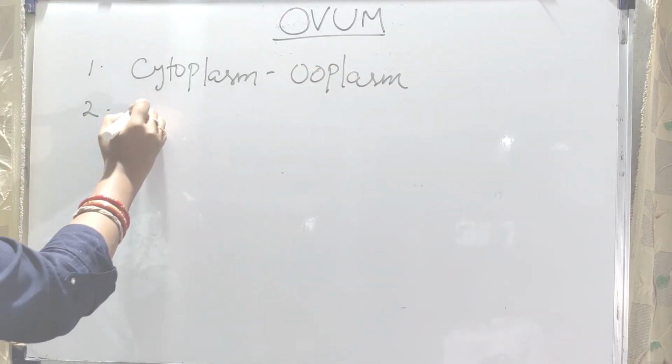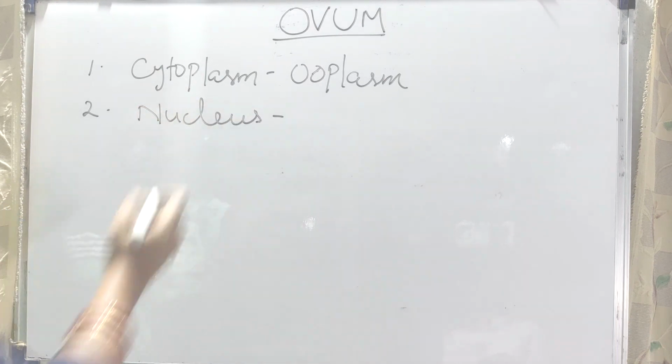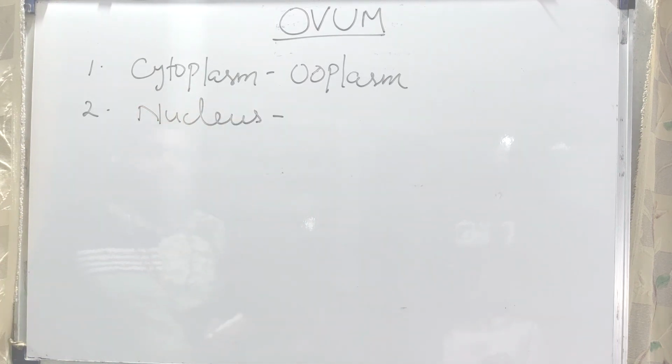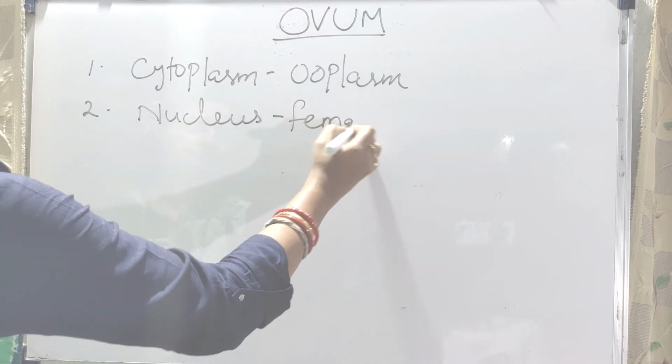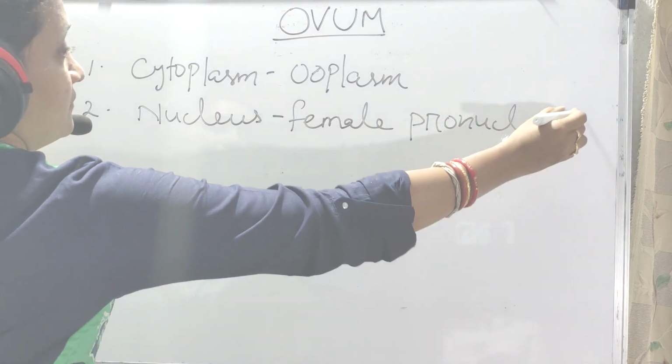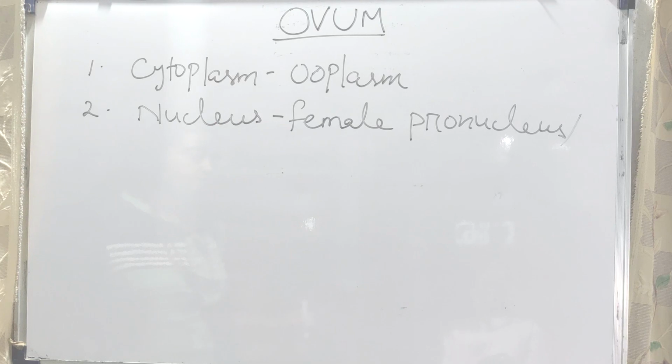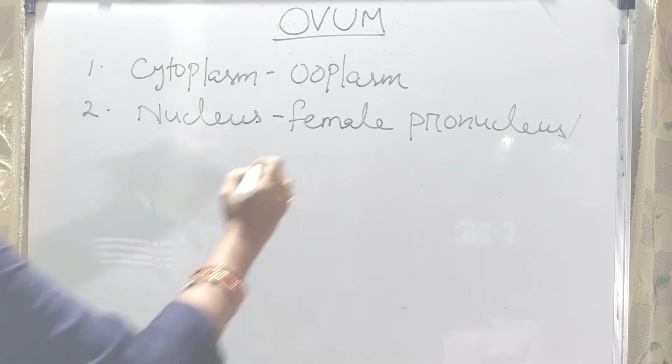It contains a nucleus. The nucleus is the female pronucleus, that is also known as germinal vesicle.